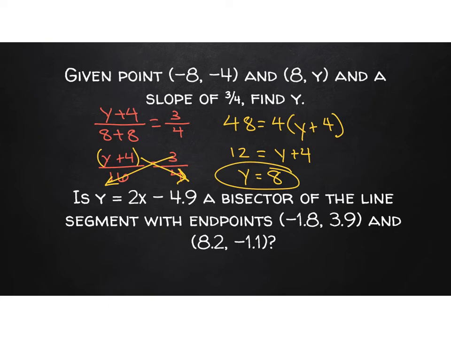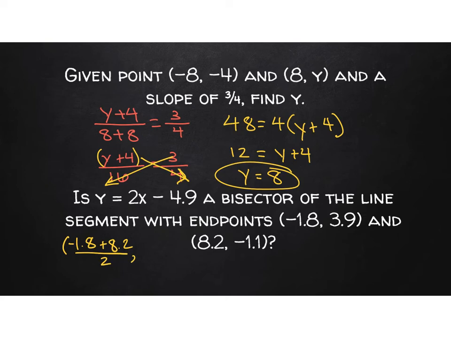All right, on this last one, I'm asked, is y equals 2x minus 4.9 a bisector of the line segment with these endpoints? Okay. If it's a bisector, it needs to go through the midpoint. So I'm going to add my two x's: -1.8 plus 8.2 divided by 2.